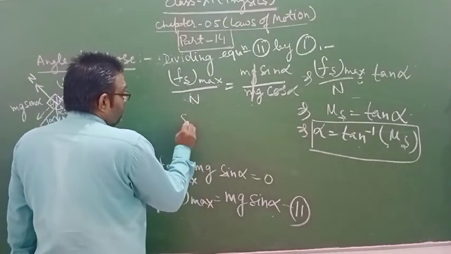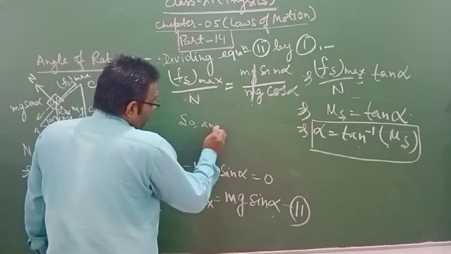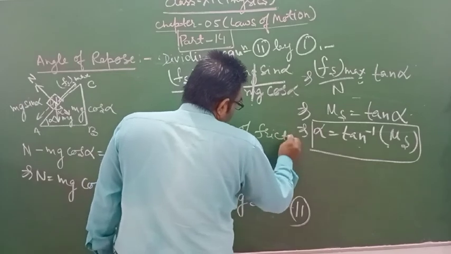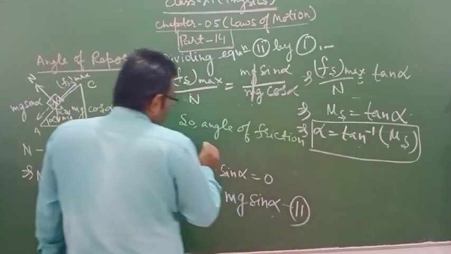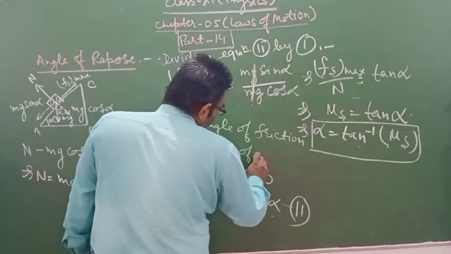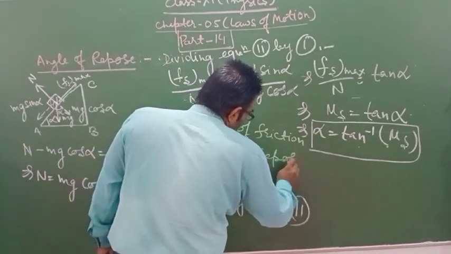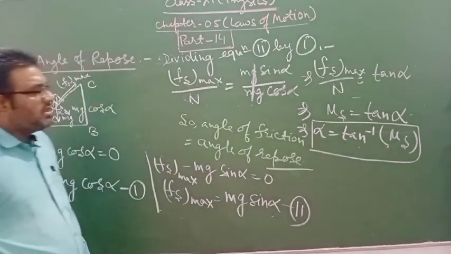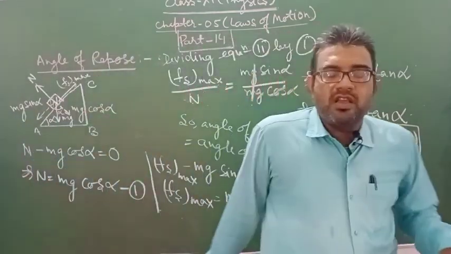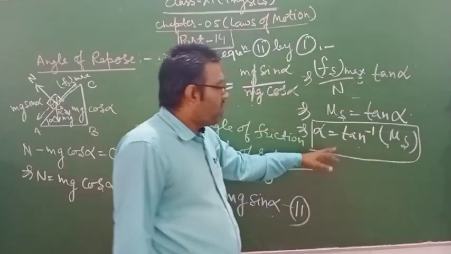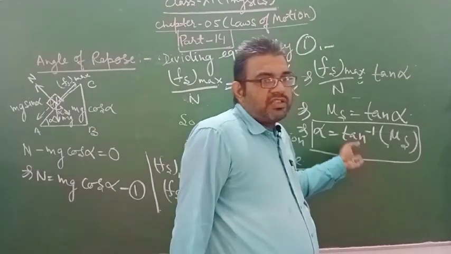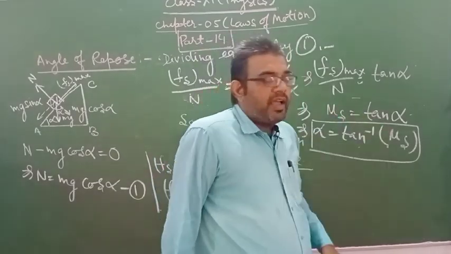Angle of friction is equal to angle of repose. As we saw in the discussion of the angle of friction, mu s is equal to tan theta, and here mu s is equal to tan alpha.